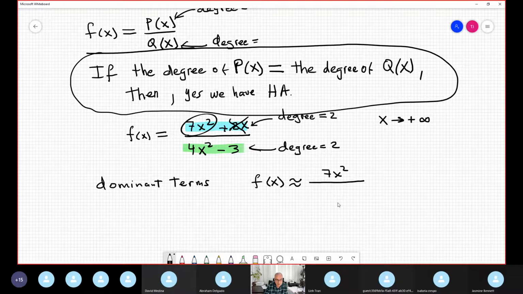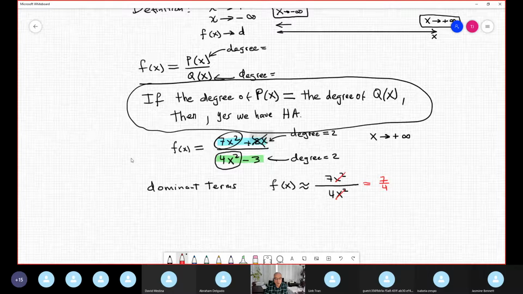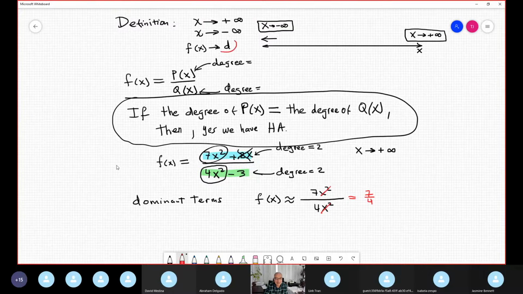And likewise, the dominant in the denominator is 4x squared. So you take the monomial of higher degree. It's obvious that the x squared parts cancel out, and what stays is 7/4. This represents the value of the horizontal asymptote. So this famous value, which I call D, is this.